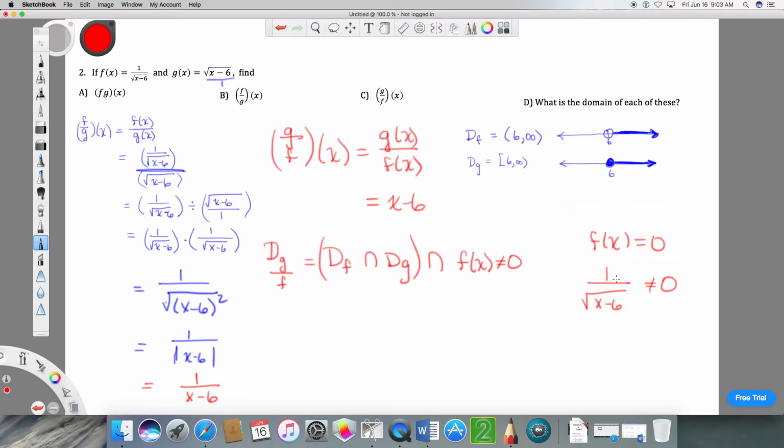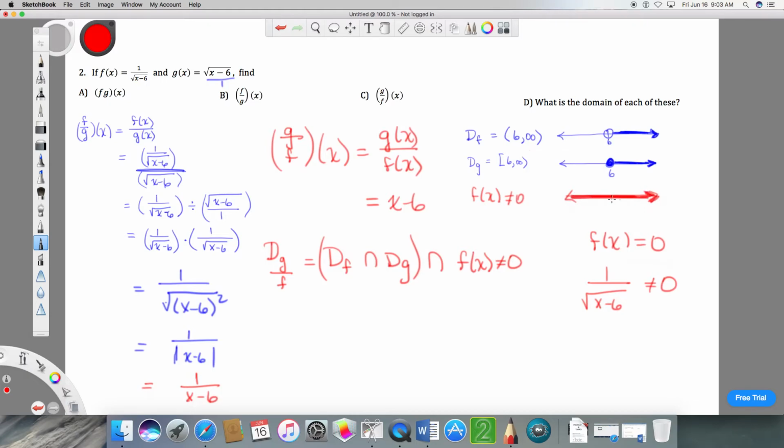Since this numerator is constantly 1, there's no way that 1 is ever going to mysteriously change to a 0. So I'm not adding any further restriction here. If I want to exclude any values that cause this to be 0, I'm not excluding anything.